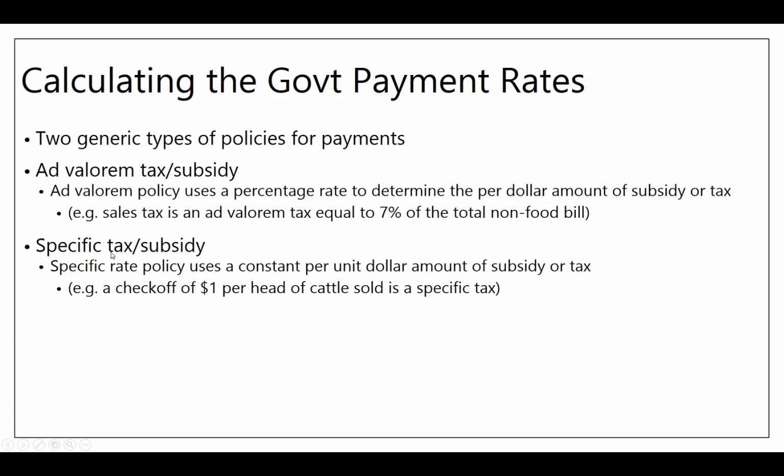The counter to that is just a specific amount. A specific rate goes directly to the physical units, okay? If you buy a gallon of gas, it doesn't matter what the price of gas is. I don't know what the road tax is, but there's maybe a 15 cents a gallon tax on that gallon of gasoline.